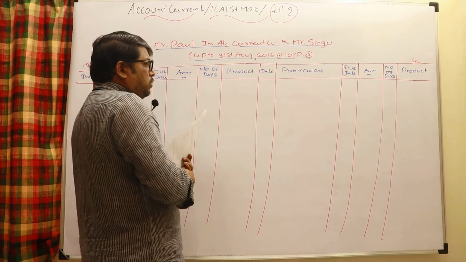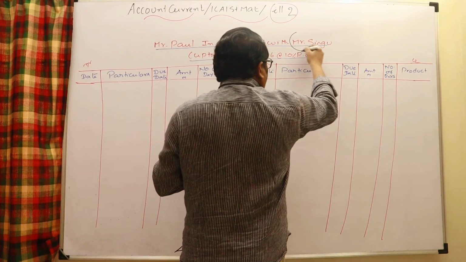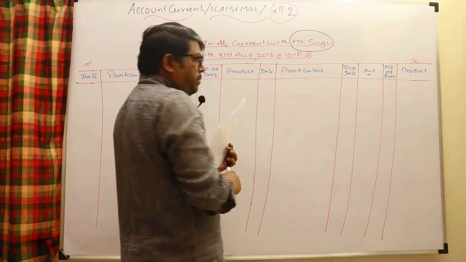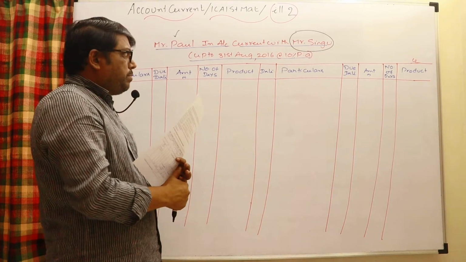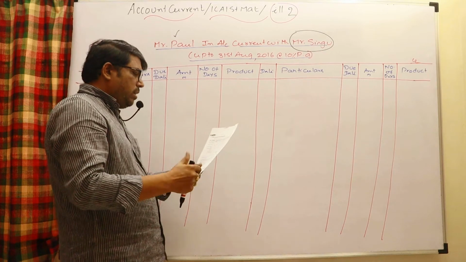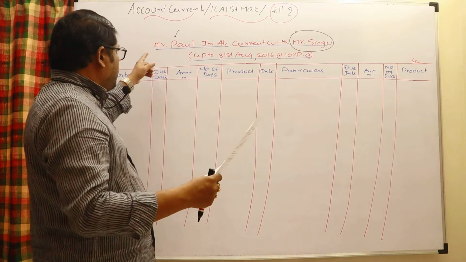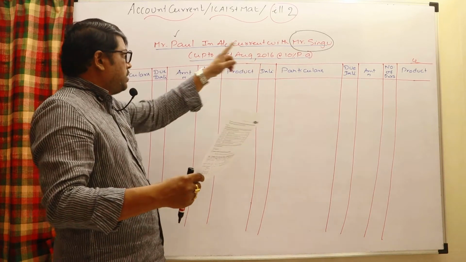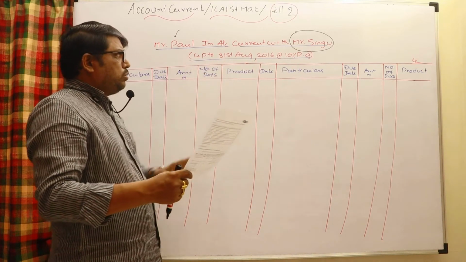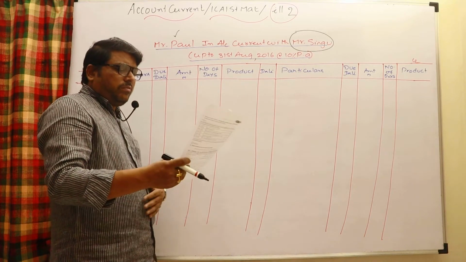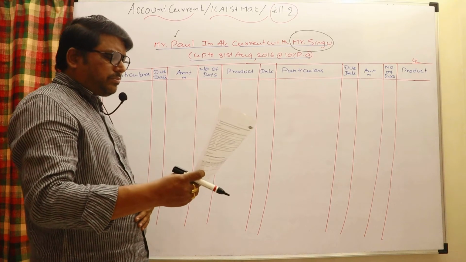As I said, we are Singh and we are preparing the account of Mr. Pal. Every transaction is considered from Mr. Singh's point of view, up to 31st August 2016, with 10% interest for every transaction, whether debit or credit.